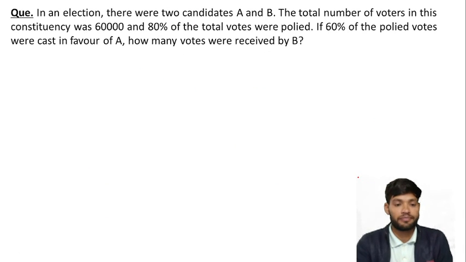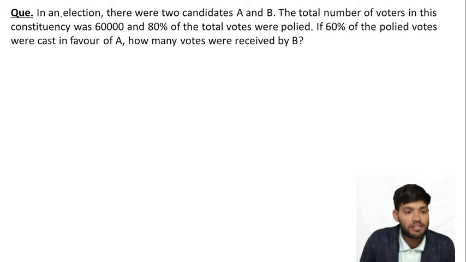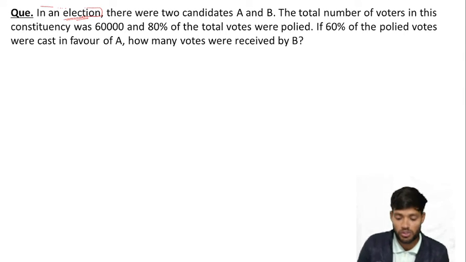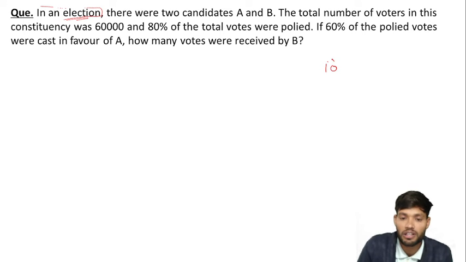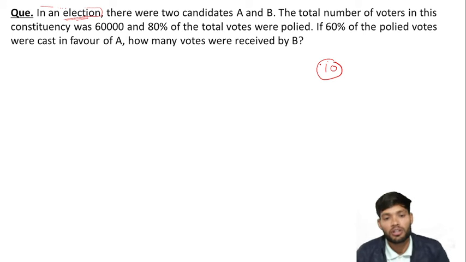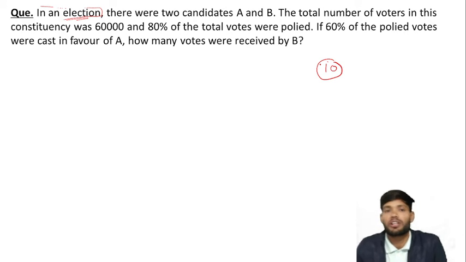Now next question. Another concept for a question that can be asked in examination is election. In an election, you have to learn the whole process before solving the question. In an election there will be a total number of voters, like 10 total voters in a village or city, and two or more than two candidates will participate.